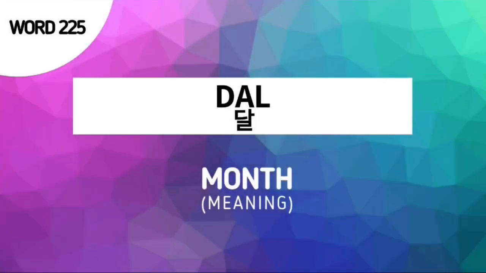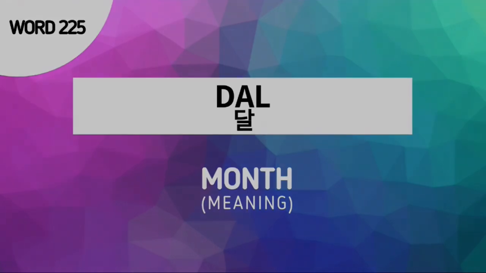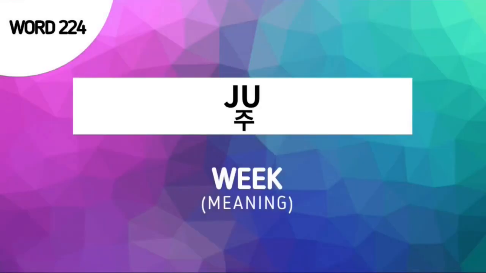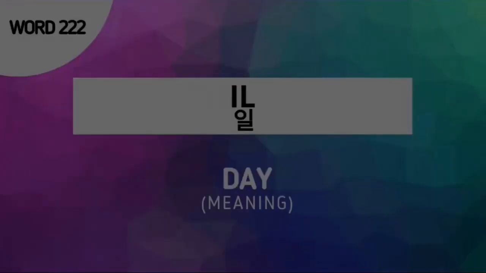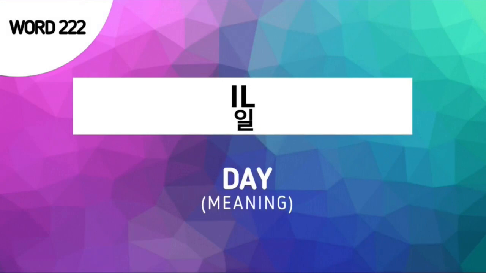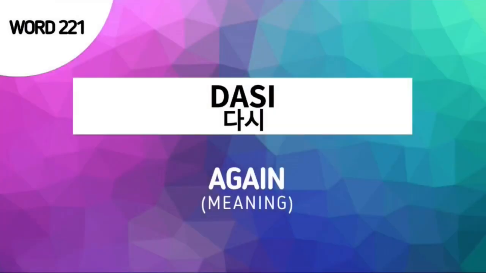Word number 225 is 달, which means month, and this indicates the month of a calendar. Word number 224 is 주, which means week, and this indicates the weeks of a calendar. Word number 223 is 듣다. This is a Korean verb which means to hear or listen. Word number 222 is 일, which means day, and this is usually used as an indicator of a day on a calendar. Word number 221 is 다시, which means again.